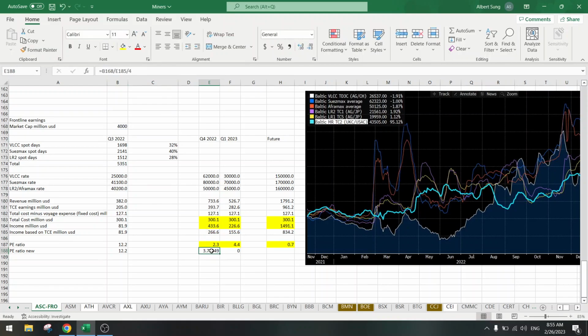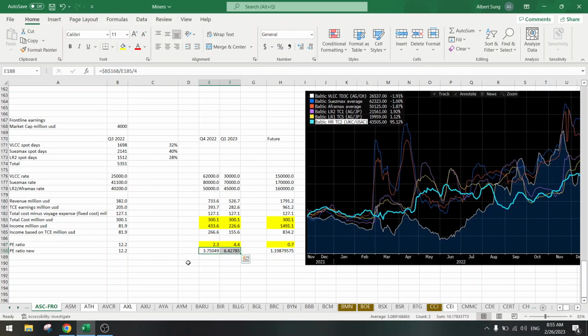So 3.75 now. So it's a bit higher. So instead of an average of 3.3 PE, it's now 5 PE, which is not bad, but it's not as good as this one.